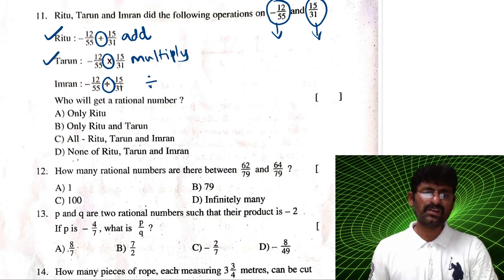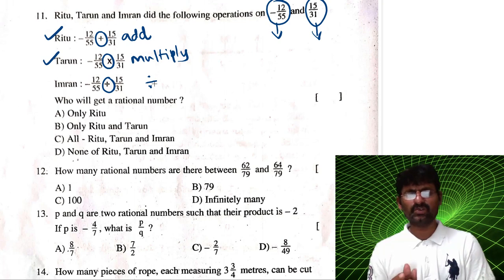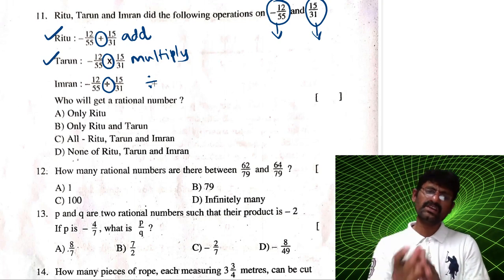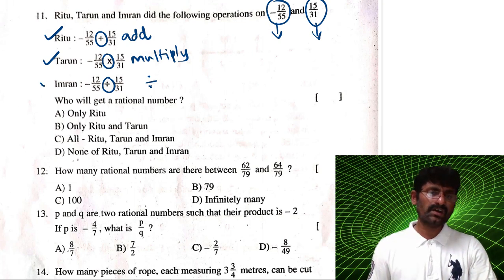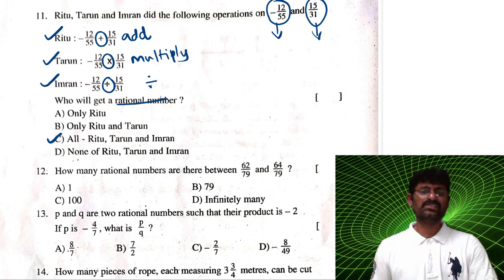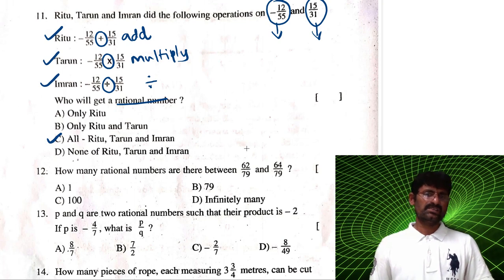Now Imran divided. Except 0, if you divide a rational number by another rational number, surely you will get another rational number. So Imran will also get a rational number. So in option C, Ritu, Tarun and Imran all will get a rational number as the answer. So C is correct in this case.